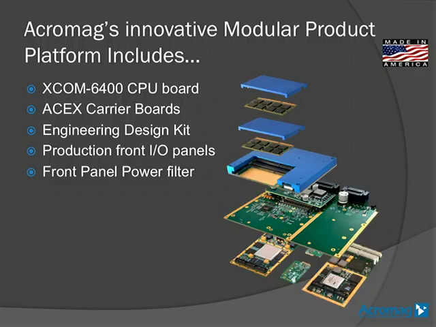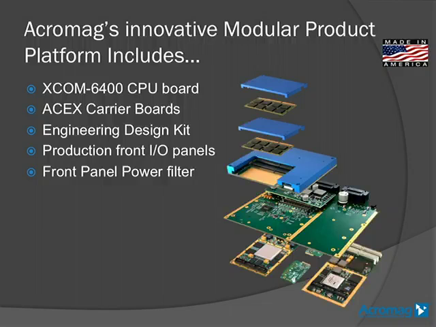The product platform includes a couple of key pieces, and it's not just the CPU board. We do have the XCOM 6400 CPU available in i5 and i7, and we'll get into greater detail on that. We have the carrier cards, which is a unique piece to the offering here.